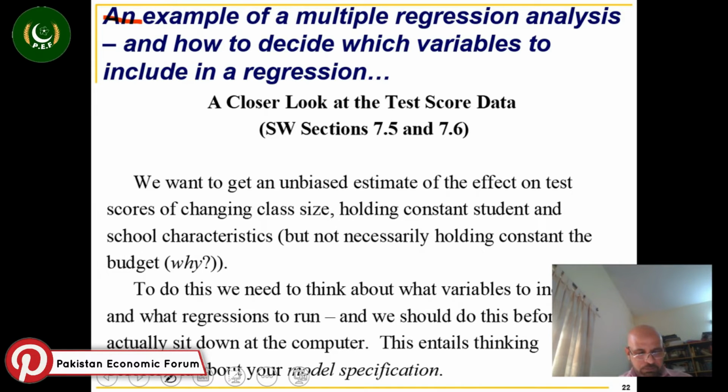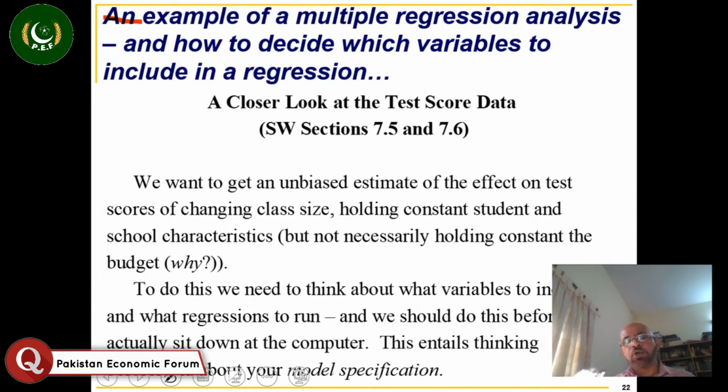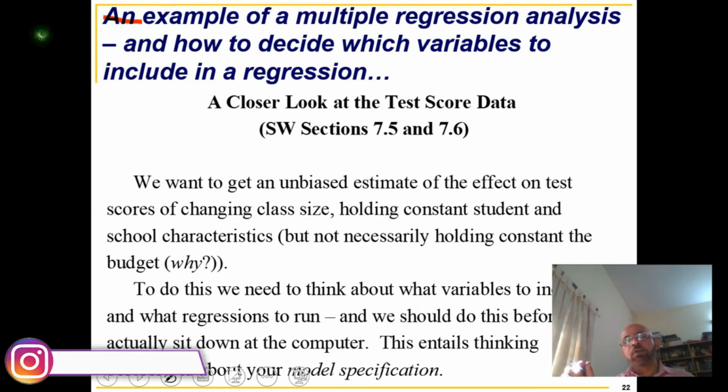Please remember that the variable of interest will remain unchanged. All other variables can be dropped or added in linear or non-linear form. That's up to you. But the main variable of interest is, for example, whether class size has an impact on test score, or if I am working on income-saving data, whether income has a role in saving or not. All other variables, household size, age of head of household, education of head of household, will be considered as control variables, but they will not be your main variables.